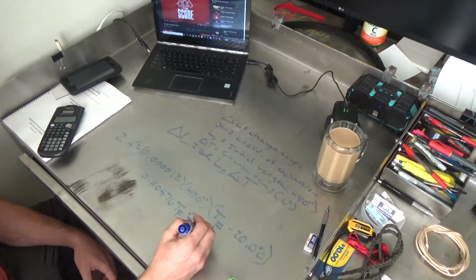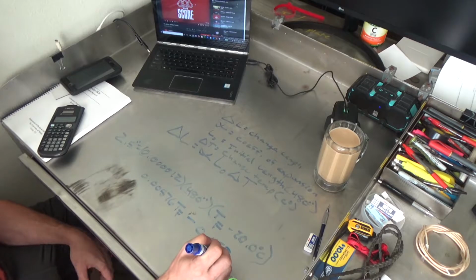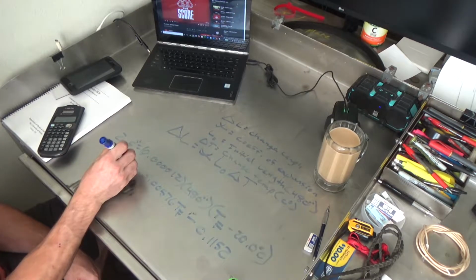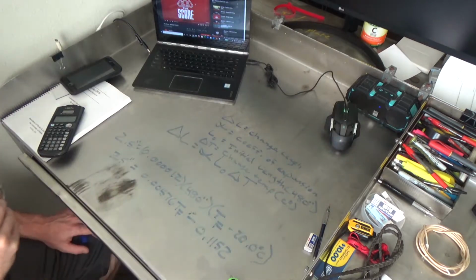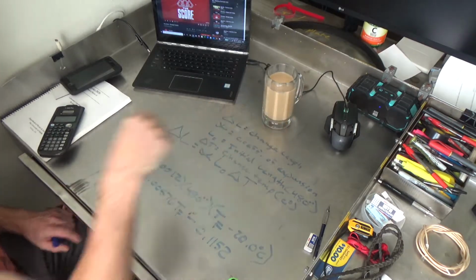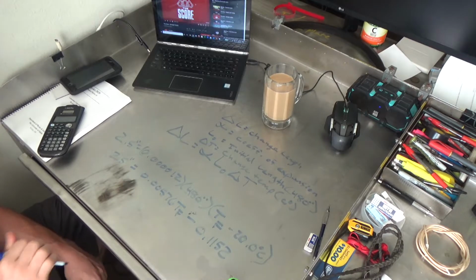That gives us negative 0.1152 equals 2.5. Why they make us do this, I don't know. But, alright, so we got this equation all set up.